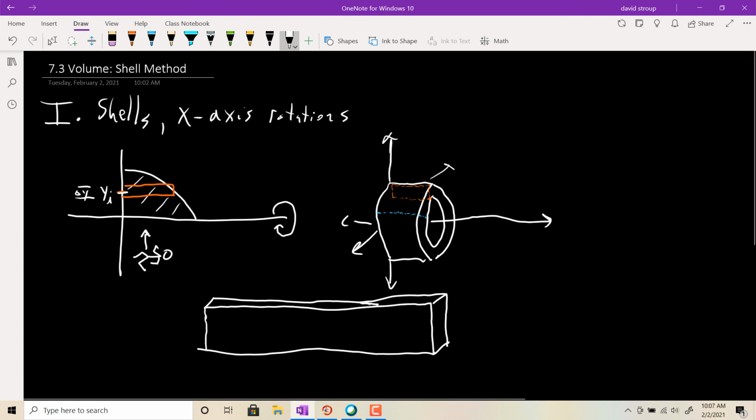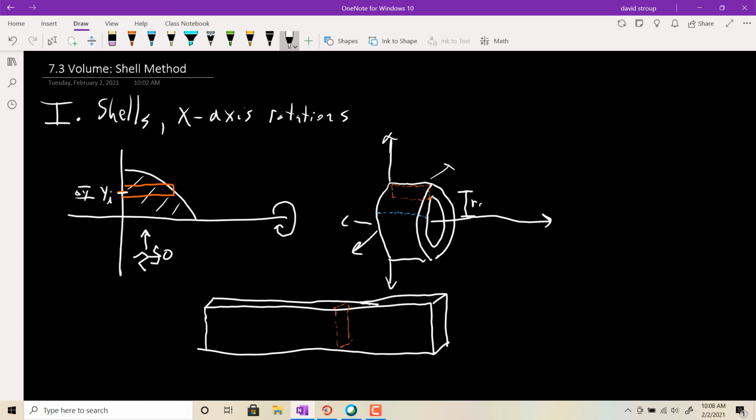The red rectangle in this picture is going to be somewhere in here. The cut is on the edge there, but we'll use that rectangle to finagle a formula for the volume of the shell. So let's go at it. First off, the radius would be the distance from the x-axis to where that red rectangle is.